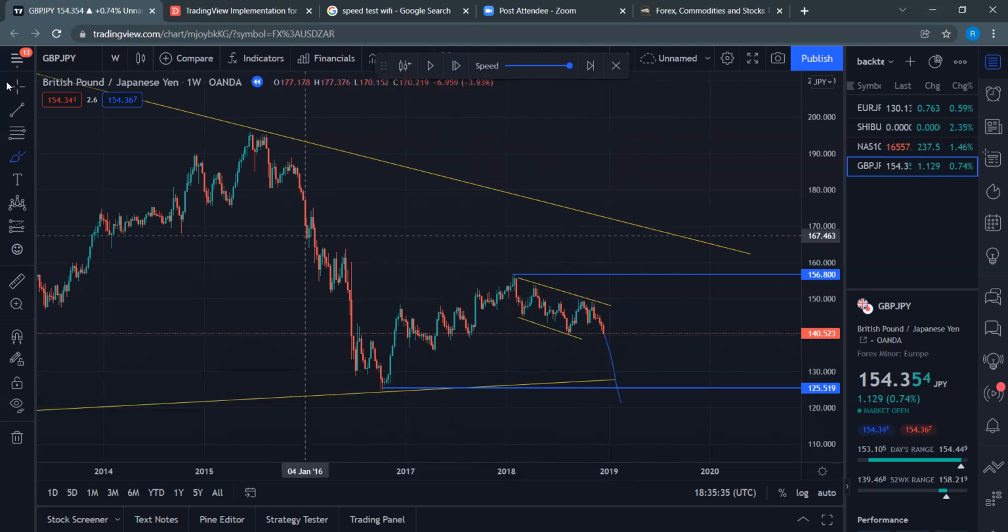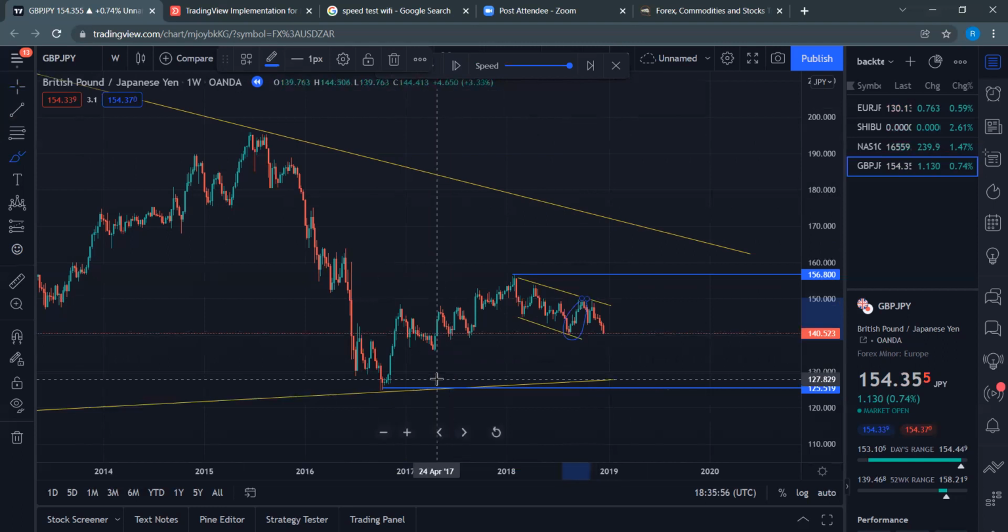And you know that a descending structure breaks to the upside. So you want to check inside this descending structure how the market will be moving. Usually the last part of the descending structure will show you the next move of the market. So the last part of the descending structure will show you exactly what is going to happen.